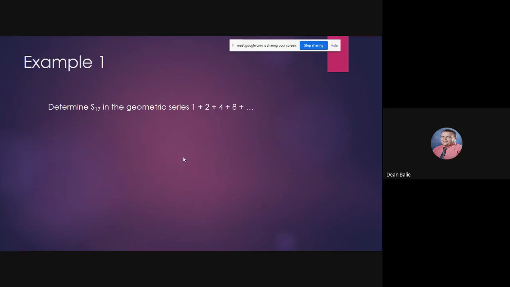You just put that into your calculator, and I'm hoping that you're doing that with me right now, to be able to get the answer of 131,071. So if we add those 17 terms together, we get 131,071.